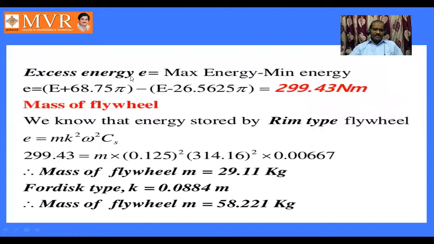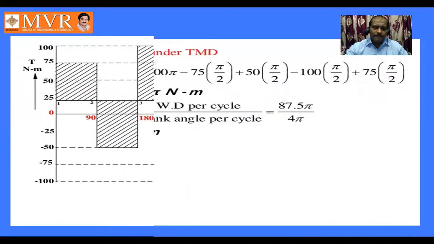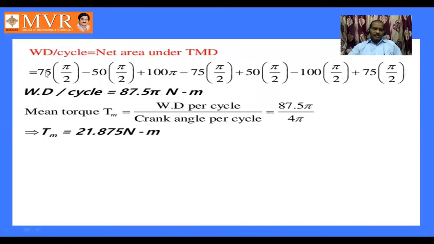Next, excess energy is equal to maximum energy minus minimum energy. What is the maximum energy? If you observe that one, E plus is 68.75 pi, and E minus is 26.5265. How will you calculate? If you go to the previous case, this is the formula. That means 75 into pi by 2 will give one value, 50 into pi by 2 will give one value. Like this, we will get the maximum value and minimum value.